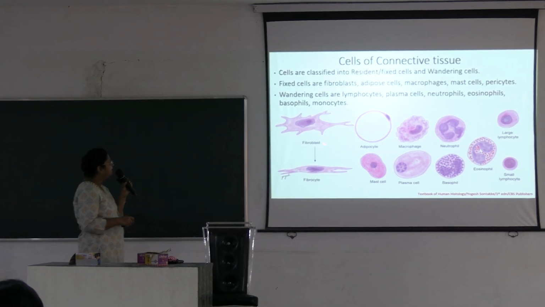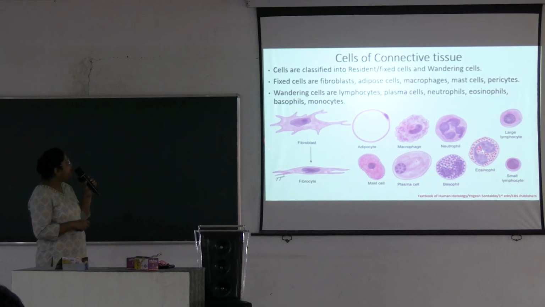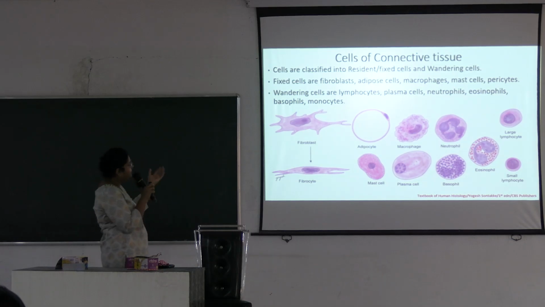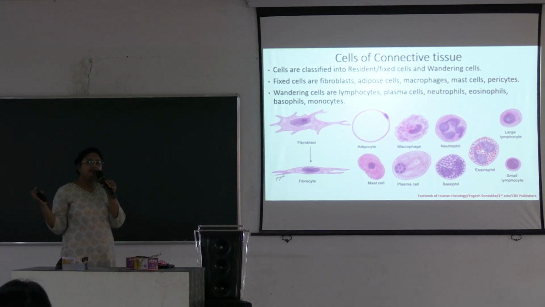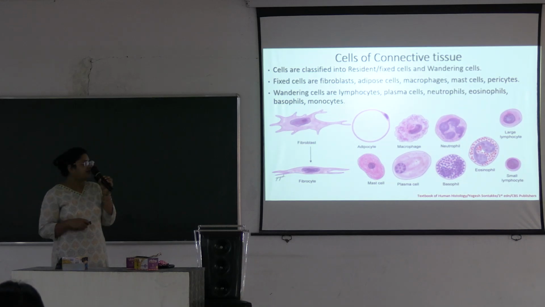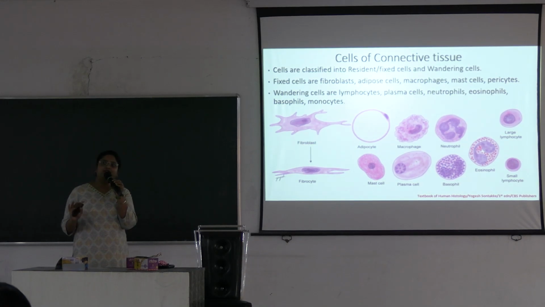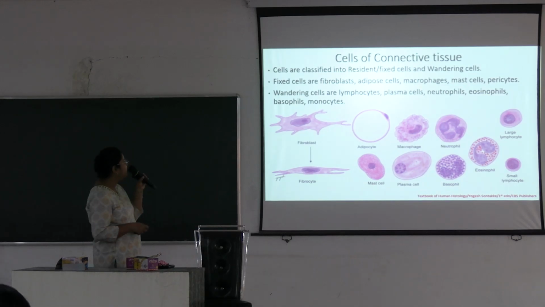This is one fibroblast. Okay. Fibroblast is the main cell of the connective tissue. A fibroblast can divide and give rise to another fibroblast, but when it is converted to a fibrocyte, it cannot divide. Okay, fibrocyte cannot divide.